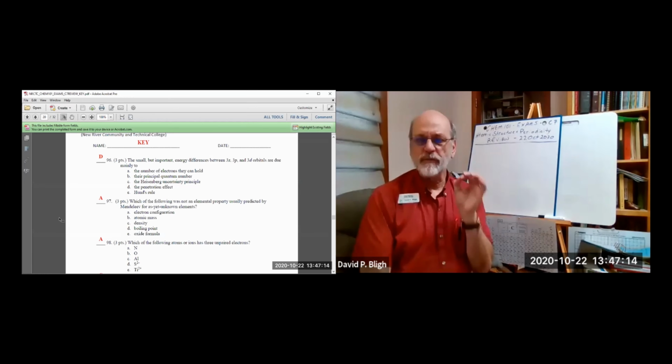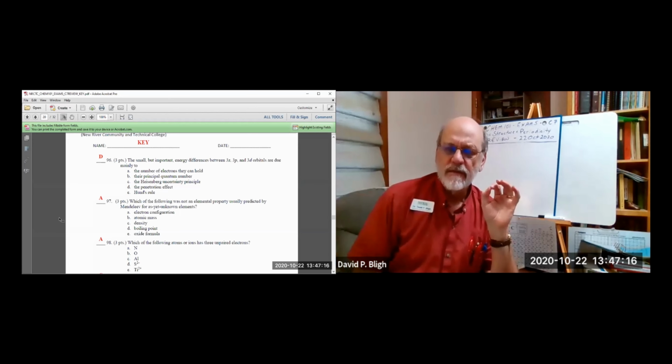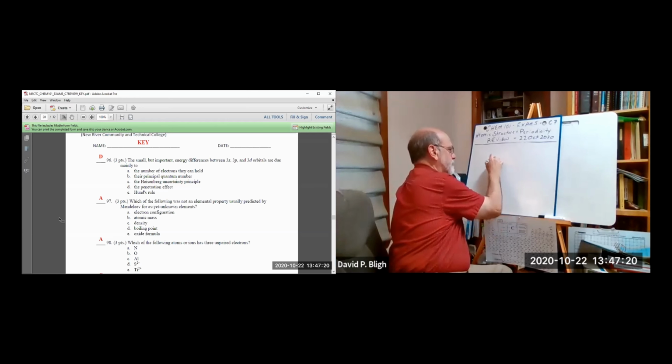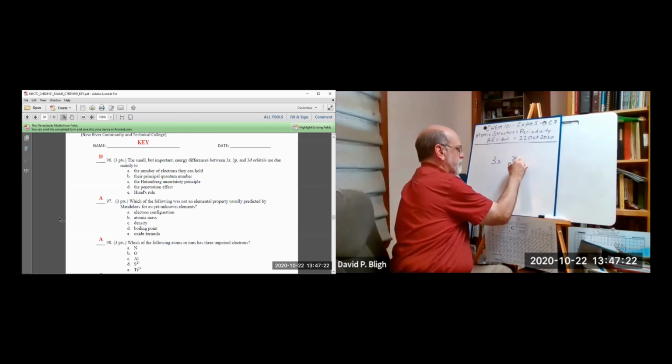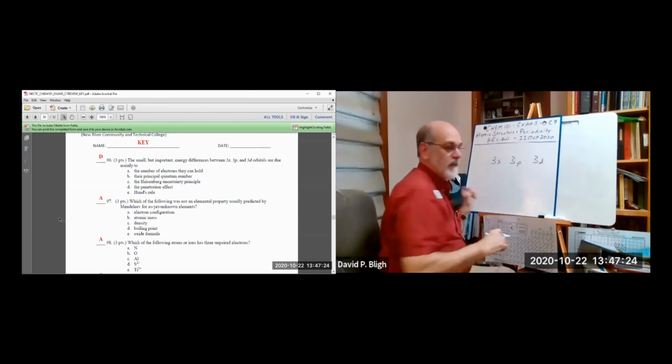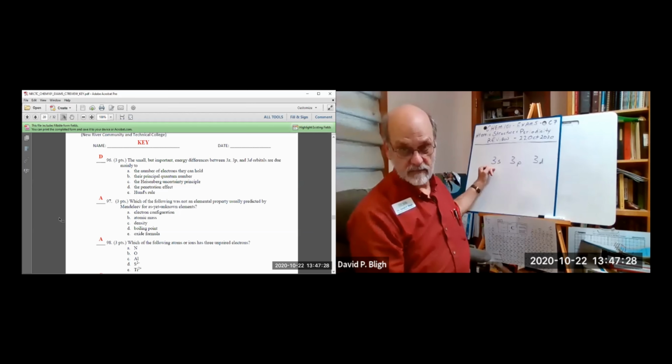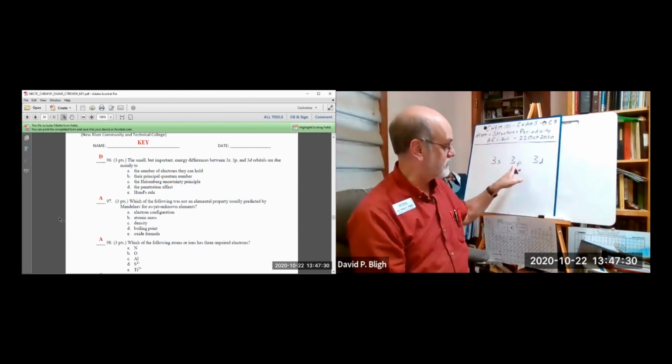There are small differences, even though 3s, 3p, and 3d are technically at the same energy level, n equals 3. That's primarily what it means.